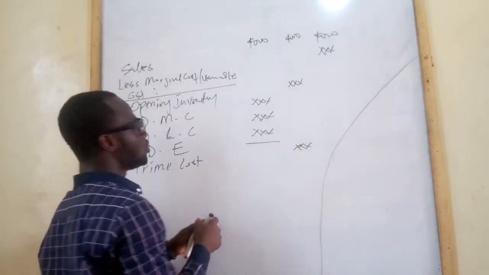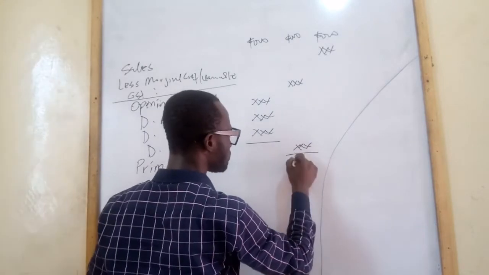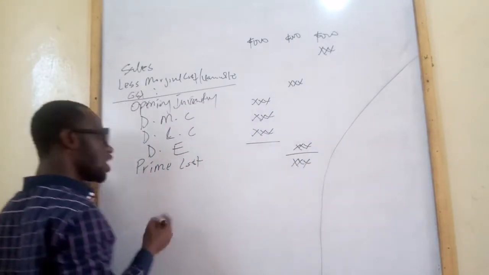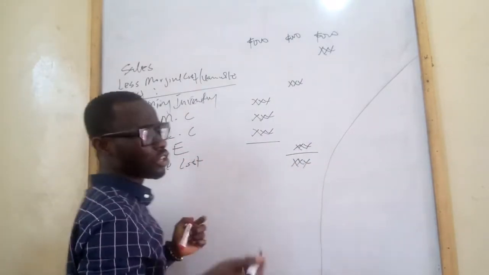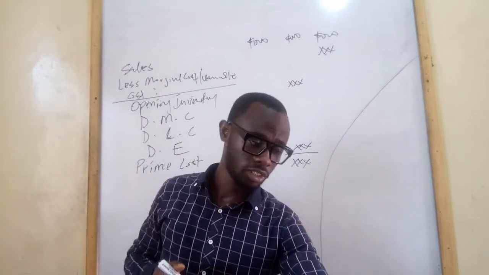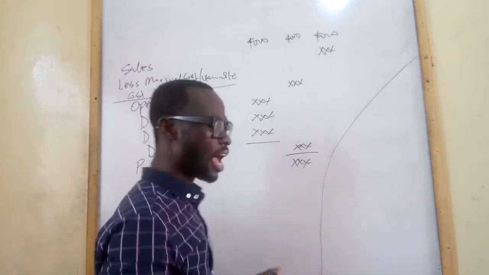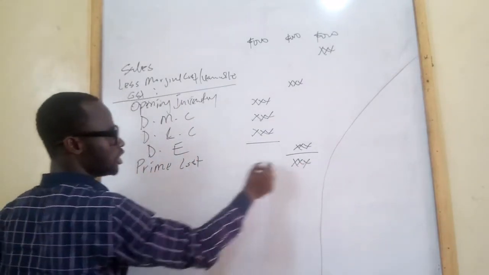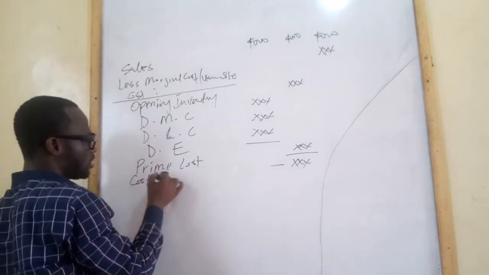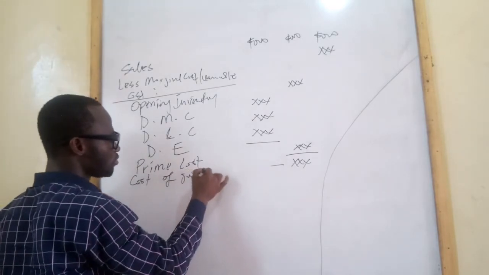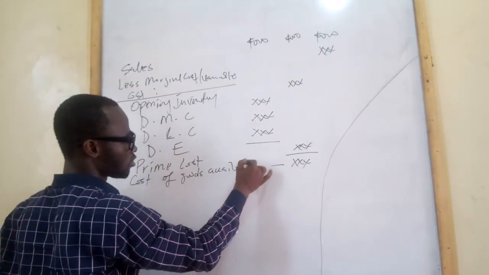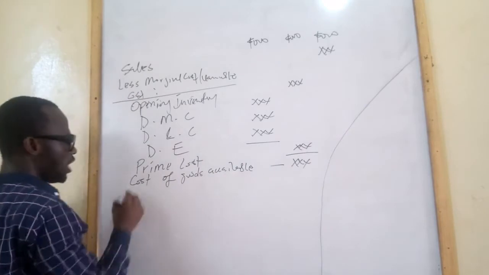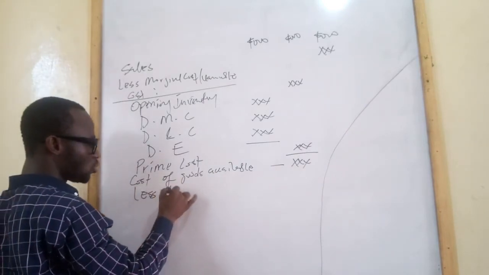So we add that to the opening inventory, and that will give us what we normally call cost of goods available for sale. But most of the time I don't really like writing it down. We can still say cost of goods available for sale. Then we less closing stock. This is where the deal is.